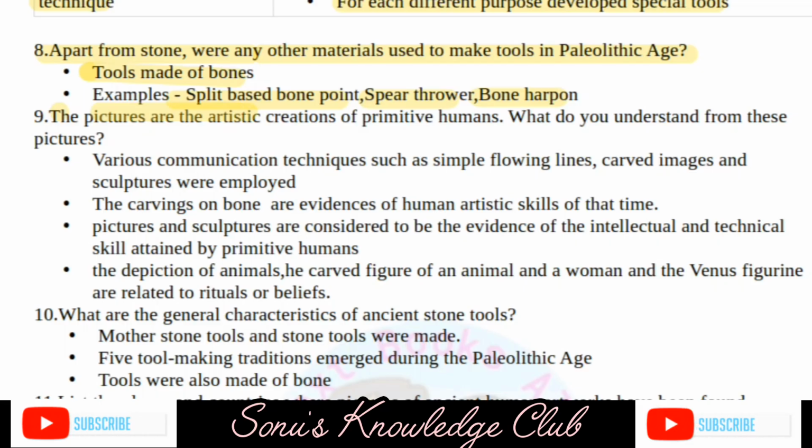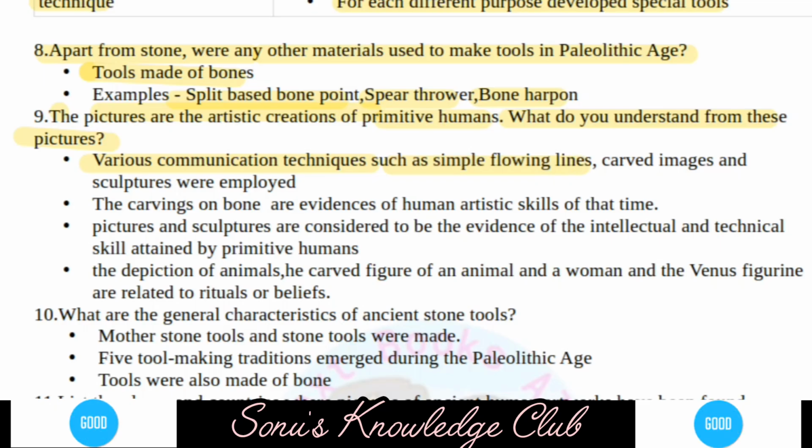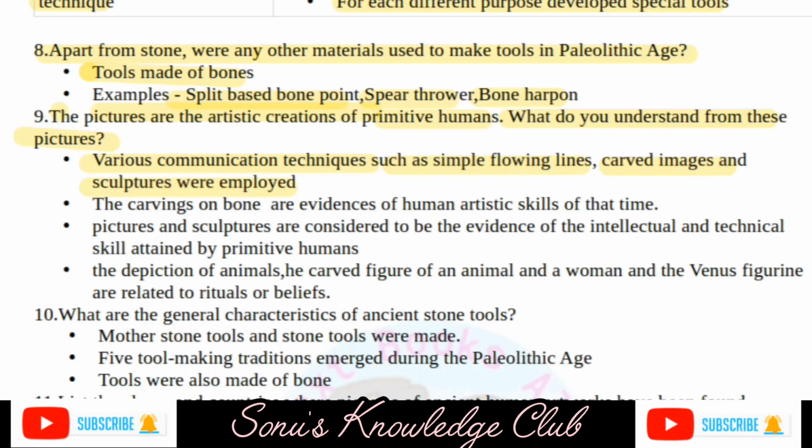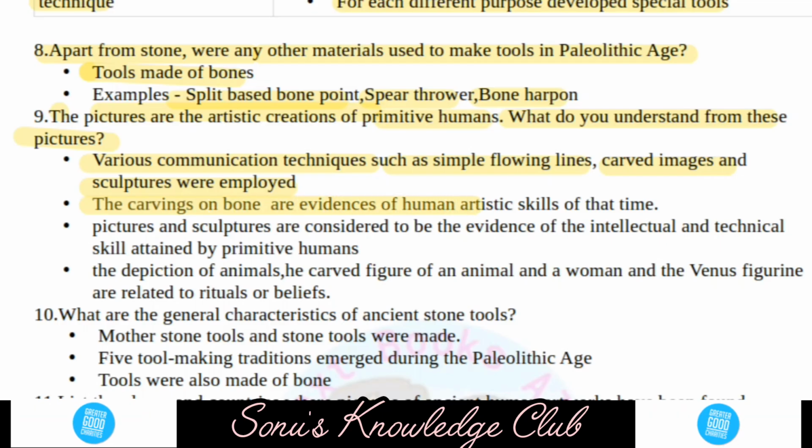These pictures are the artistic creations of primitive humans. What do you understand from these pictures? Various communication techniques such as simple flowing lines, carved images, and sculptures were employed. The carvings on the bones are evidence of human artistic skills of that time.